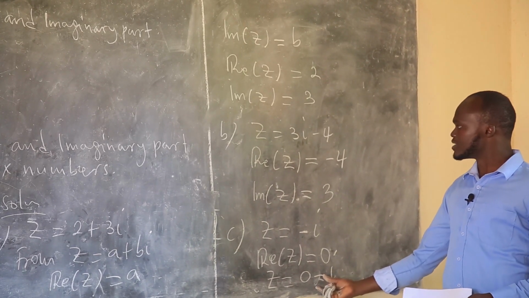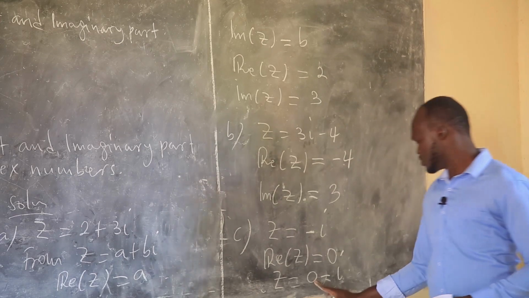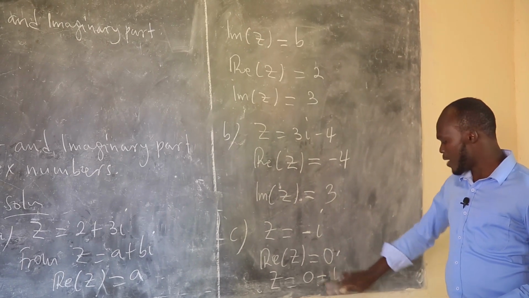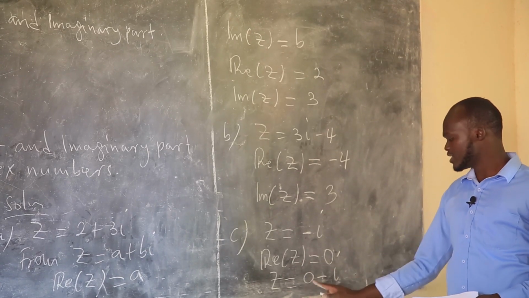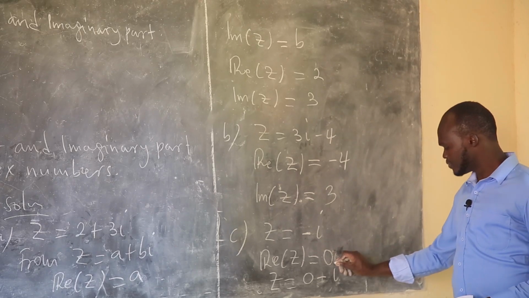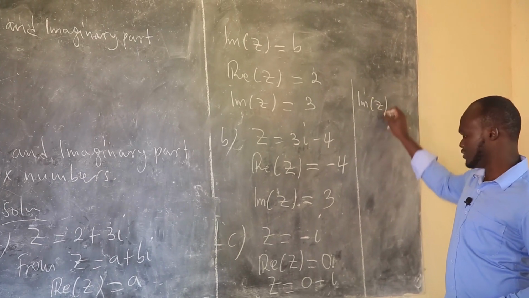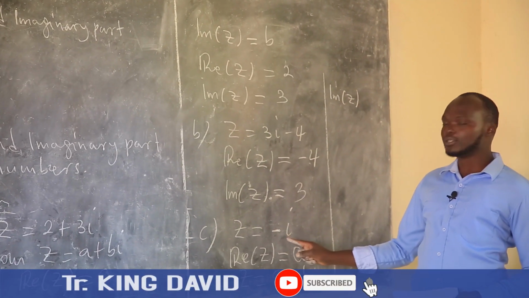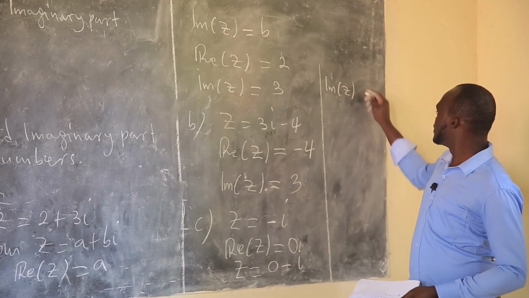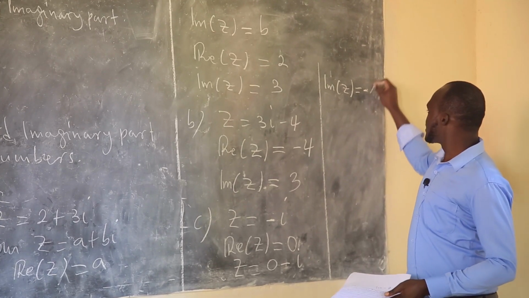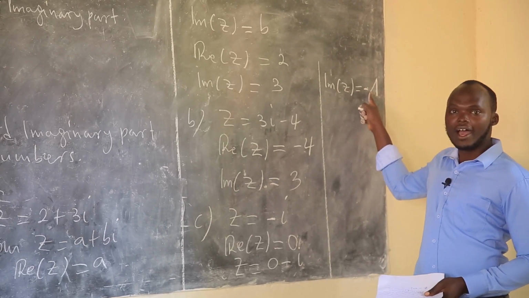So when you compare this one with a plus bi, our a will be equal to 0. So our real part of z is 0. Then what is the imaginary part of z? The imaginary part will be the coefficient of i, and the coefficient of i here is -1. So the imaginary part of z is -1. I hope you are getting this one.